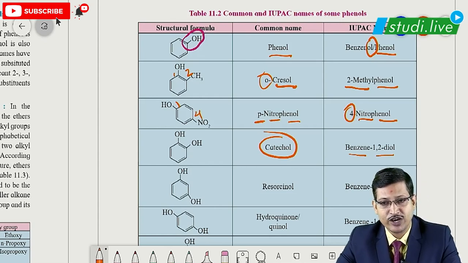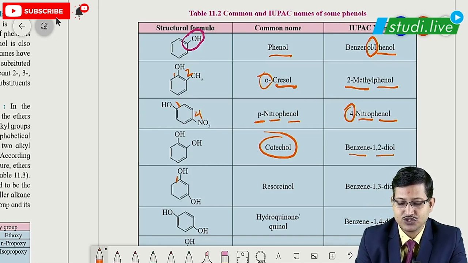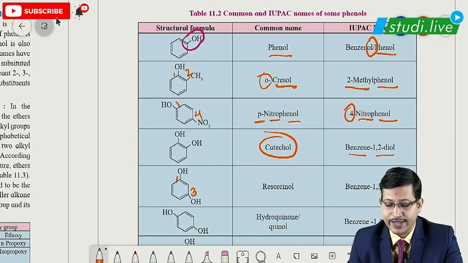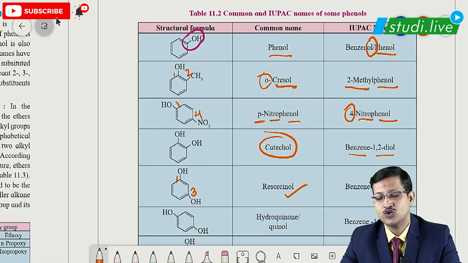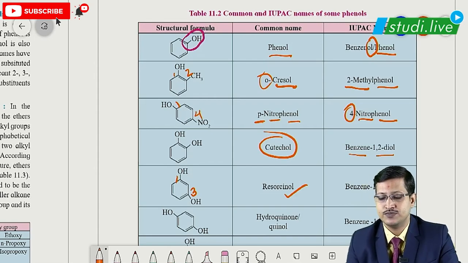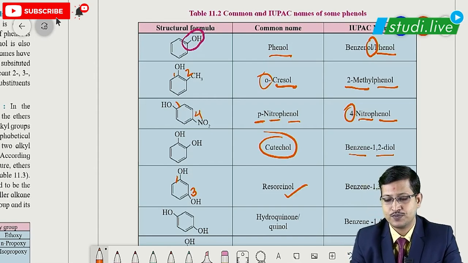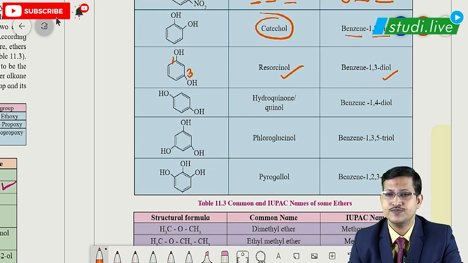So benzene-1,2-diol. The next one is benzene ring with, this is first position, this is third position. In common name, it is called resorcinol, and in the IUPAC name, it is called benzene-1,3-diol. This is resorcinol, also termed benzene-1,3-diol.